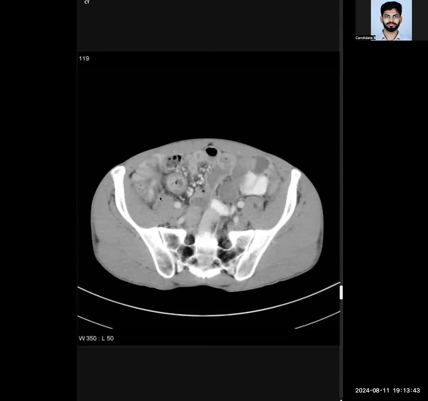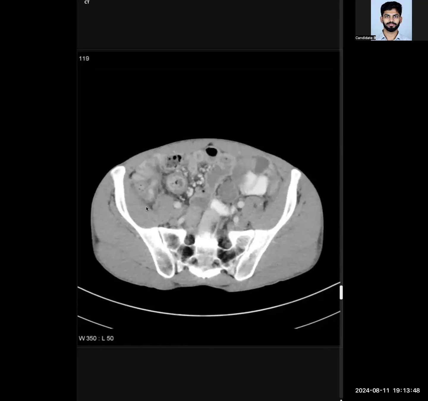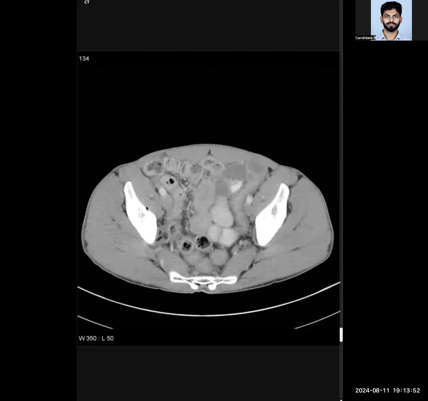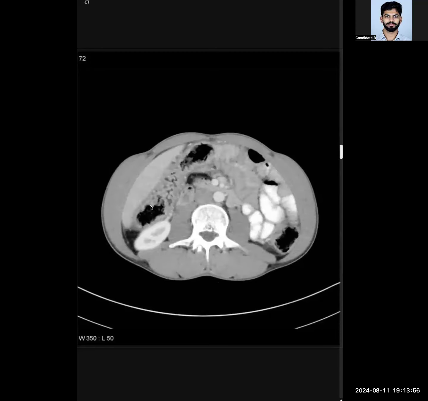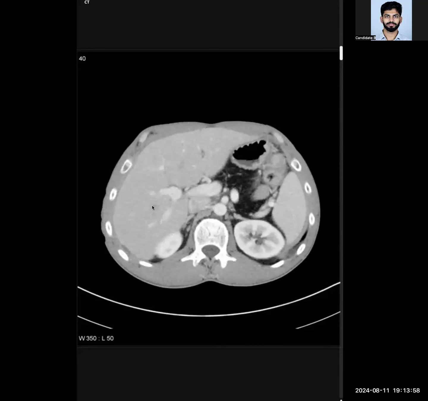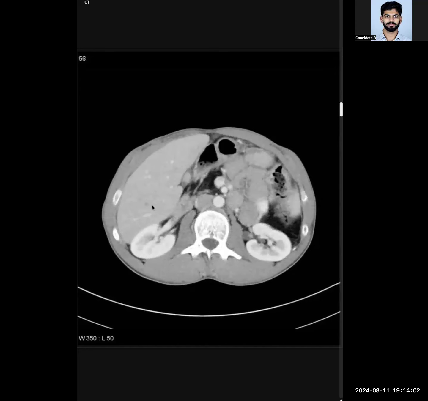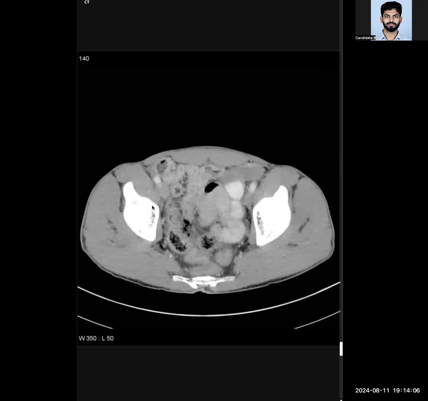Other than that, I'm trying to see if there are any other abnormalities. These are due to the poor clearance of the secretions. I would check the sweat chloride levels. I would inform this finding to the referring clinician.